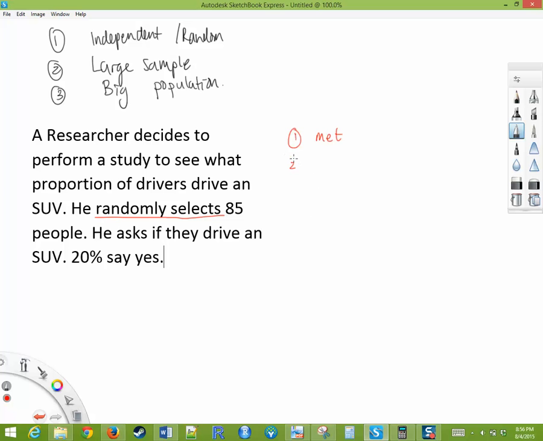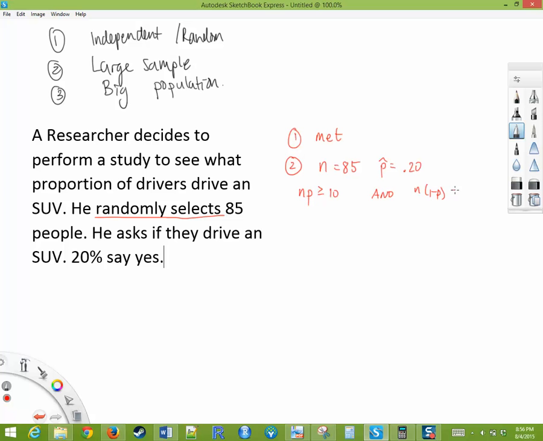Okay. Is the large sample condition met? Let's see. What is n? 85. And what's p? We only have p hat, but that's okay. P hat is 20%, so we're going to use this. We want to make sure n times p is greater than or equal to 10, and n times 1 minus p.